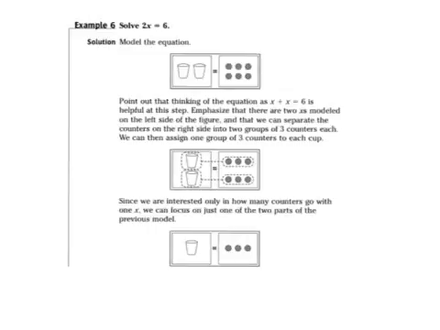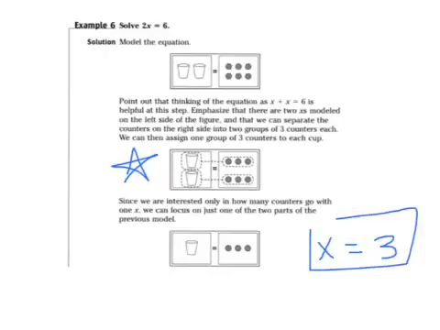What I'm going to do here is divvy up my tiles per cup because we want it to ultimately be x equals something. And I can't just get rid of my x, so I'm going to divvy up my tiles, and that's what they're showing you right here. 3 tiles go with 1 cup, 3 tiles go with the other cup. That means that 1 cup has 3 tiles in it, so x equals 3.